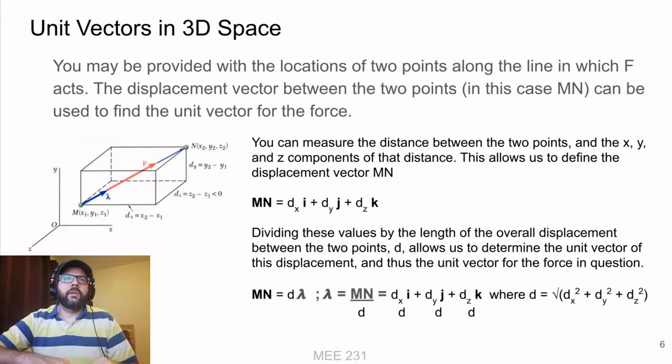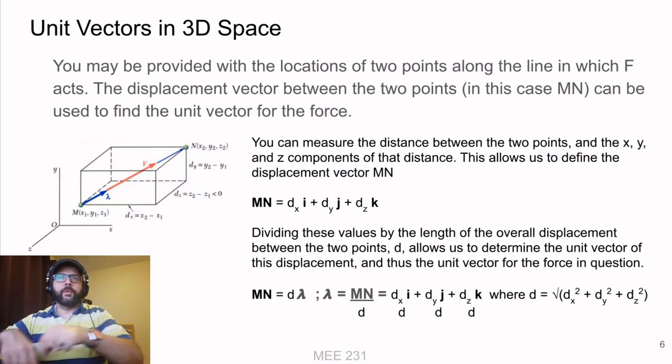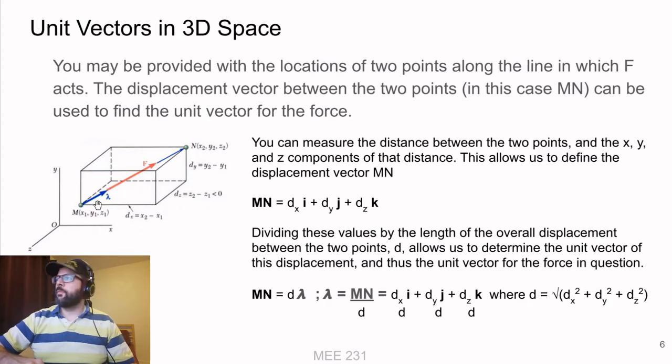Another thing that might occur is you might be given the location of 2 points in space along which that force acts. And you can use the displacement vector between those 2 points. In this graph, the points are m and n, and so the displacement vector would be mn.